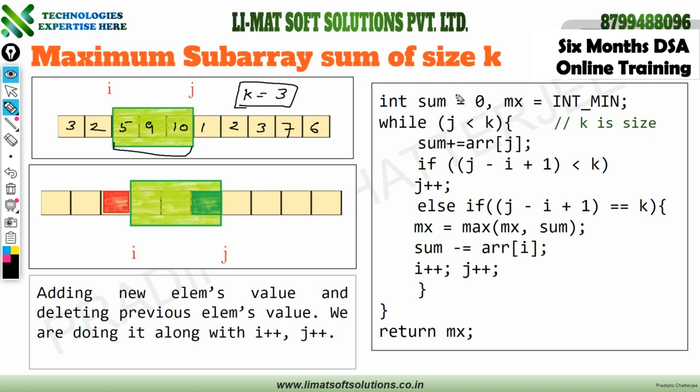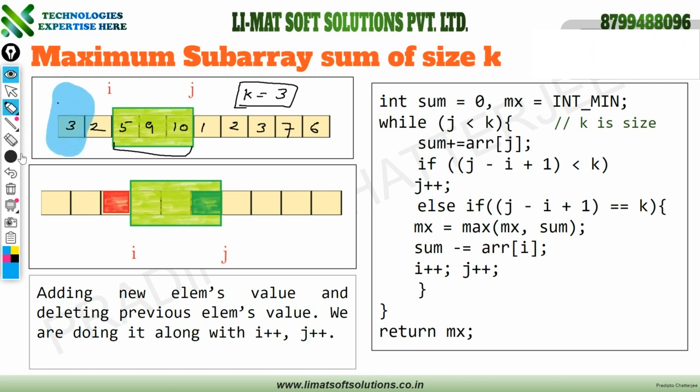According to our problem, initially I will initialize i equals 0 and j equals 0. So i and j both will start pointing to this first element. This is the initial window. Now after that, I will also take another variable, a sum variable.